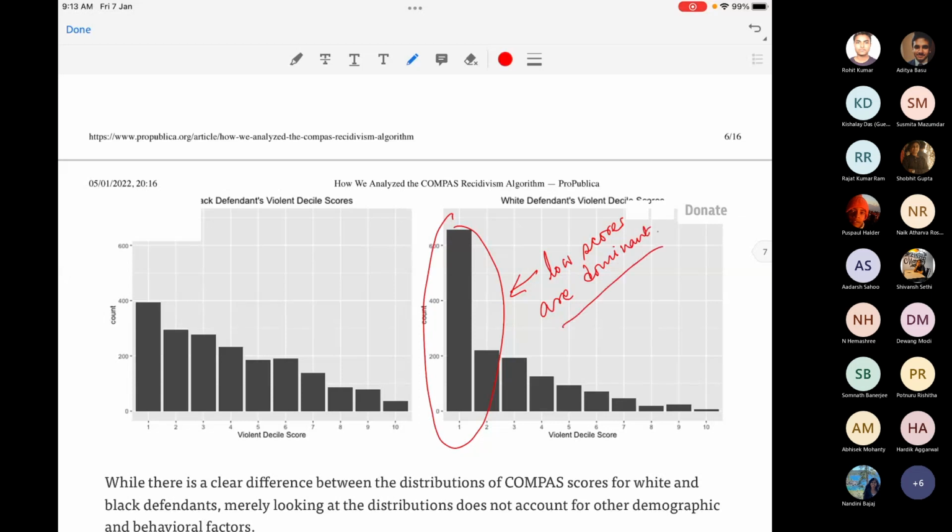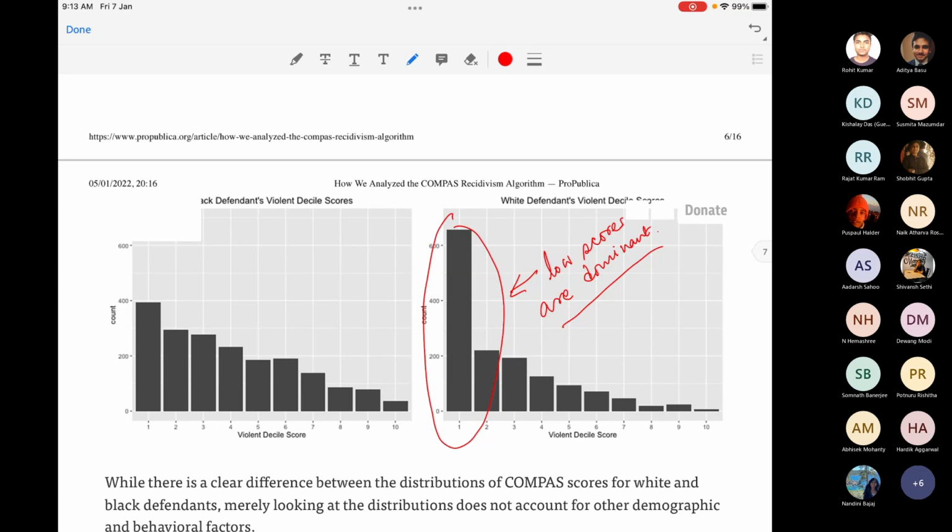So this is a similar trend that seems to be occurring in both subsets of the data, in simple recidivism as well as in the violent recidivism subsets.